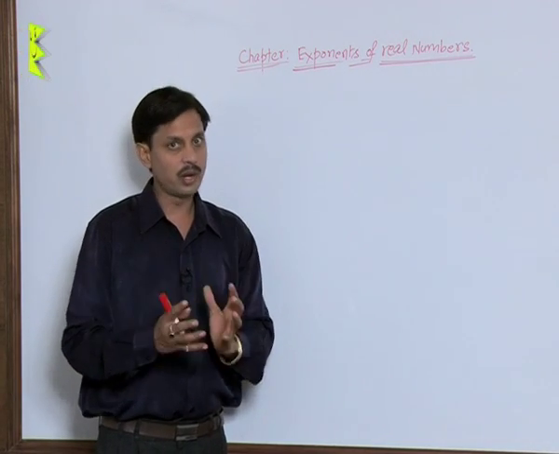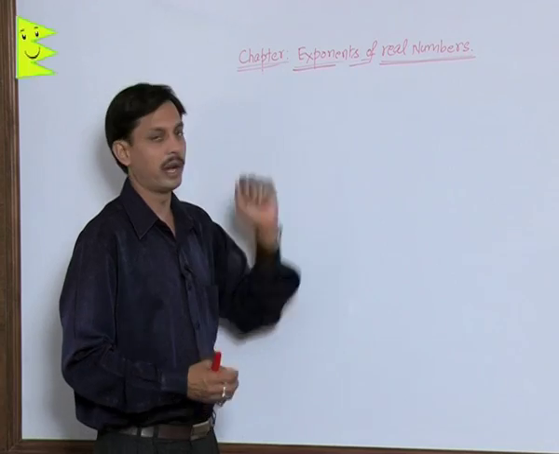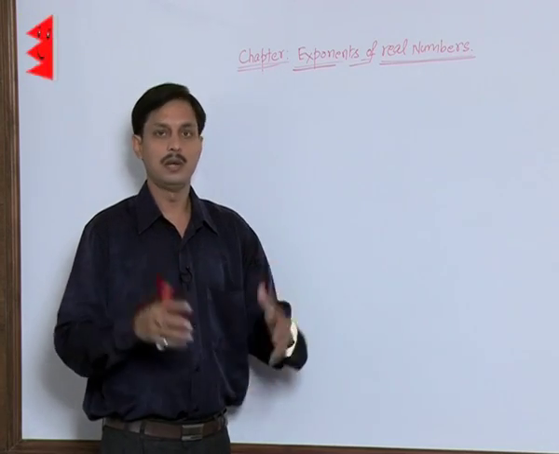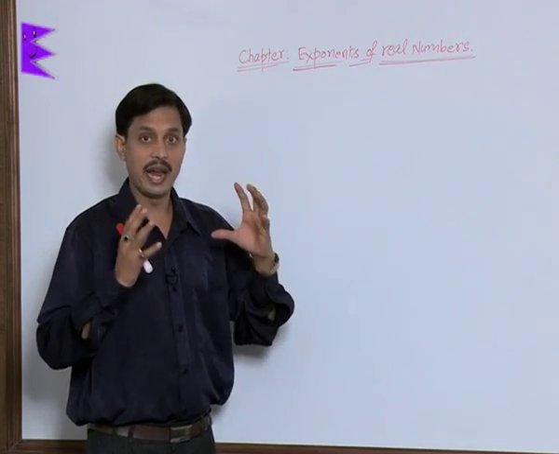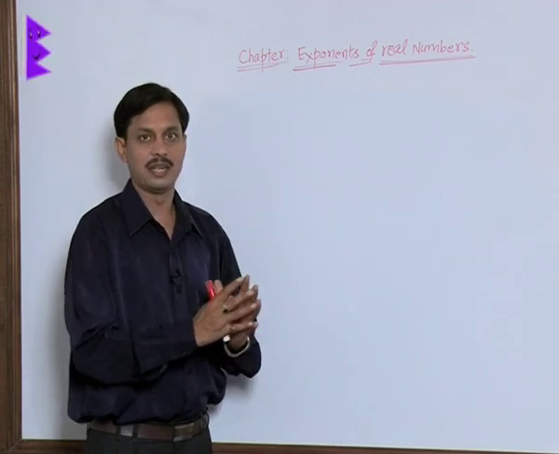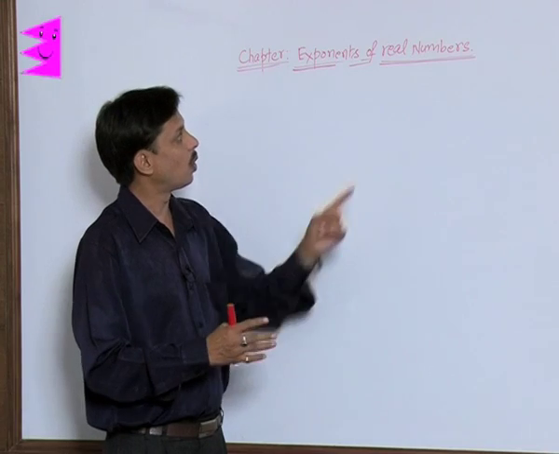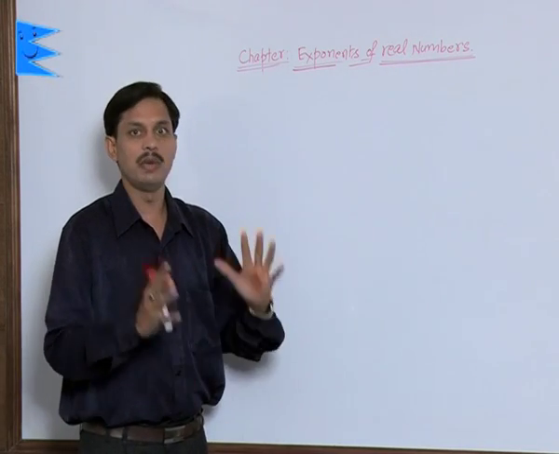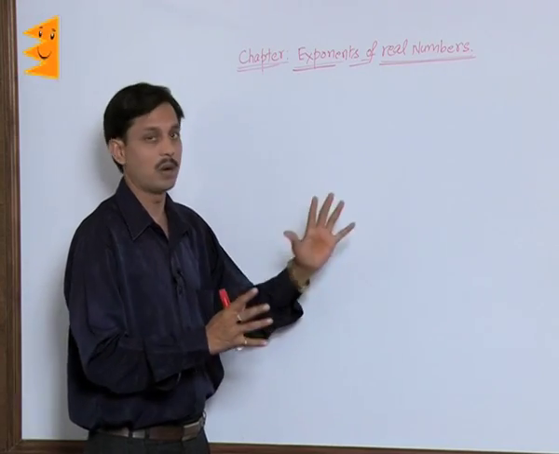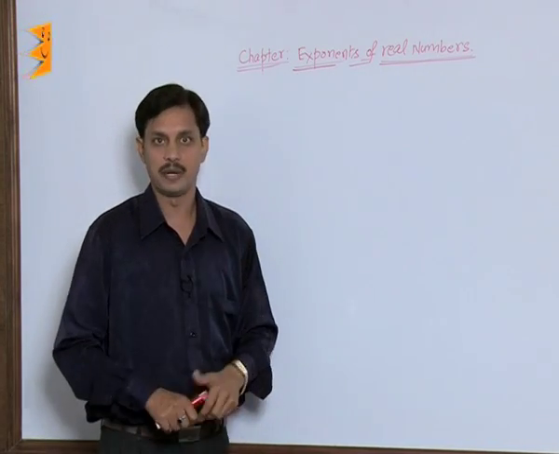Now, in order to explain what the exponents, powers and base are, I am taking a few examples, and the exponents will be discussed only and only about the real numbers. No imaginary number will be taken for discussion in this chapter.